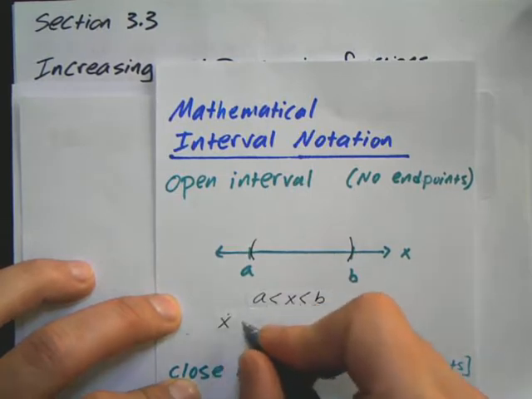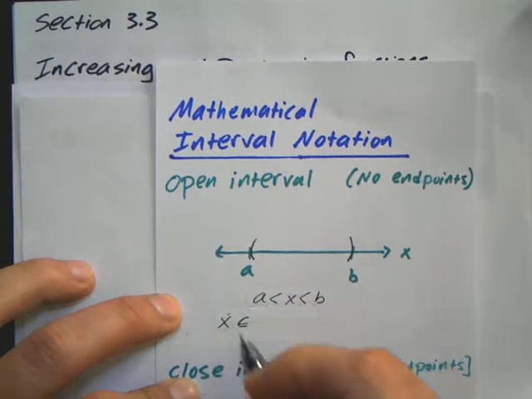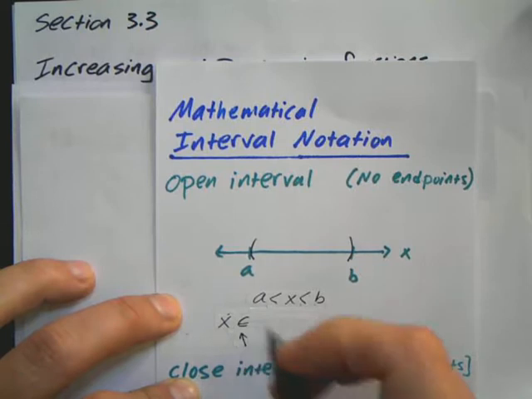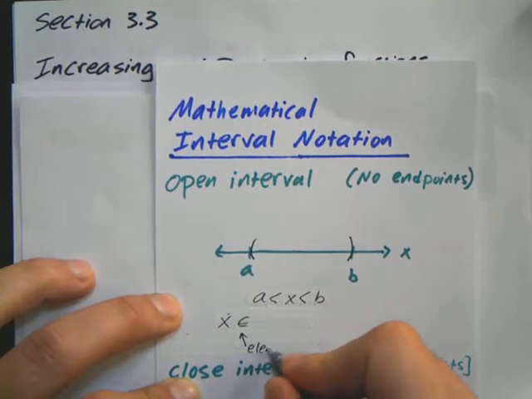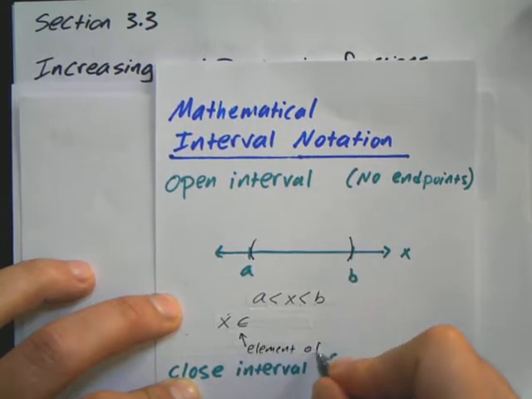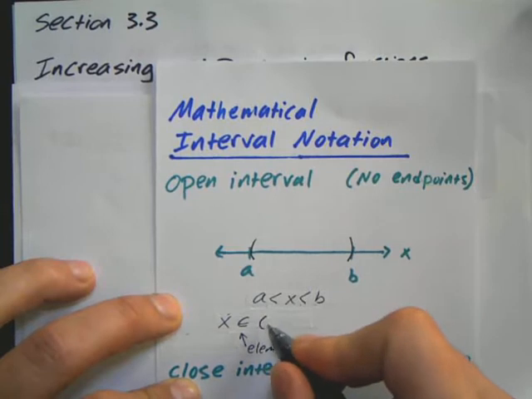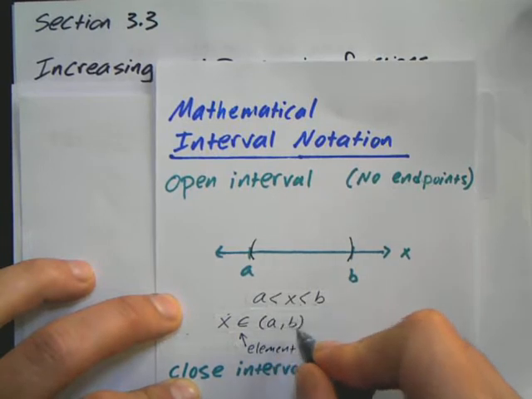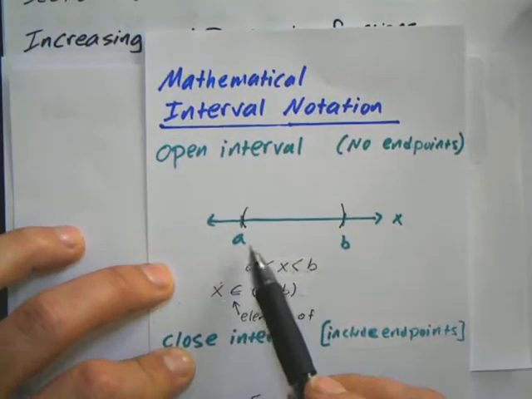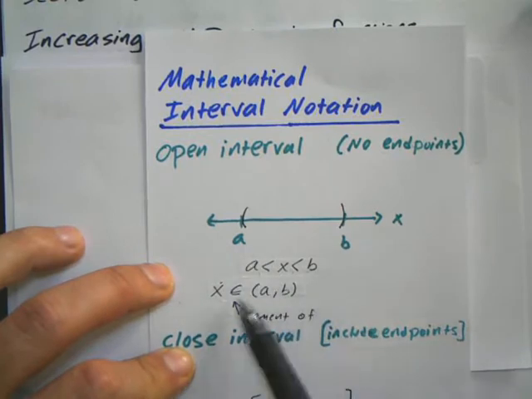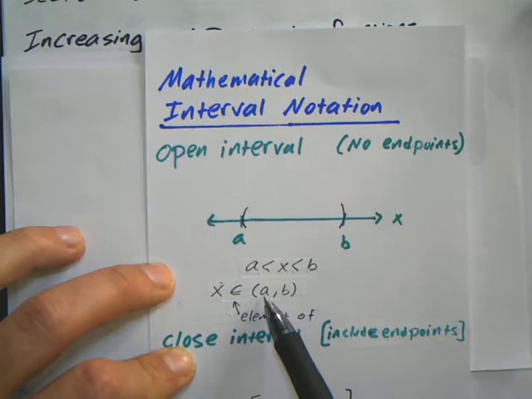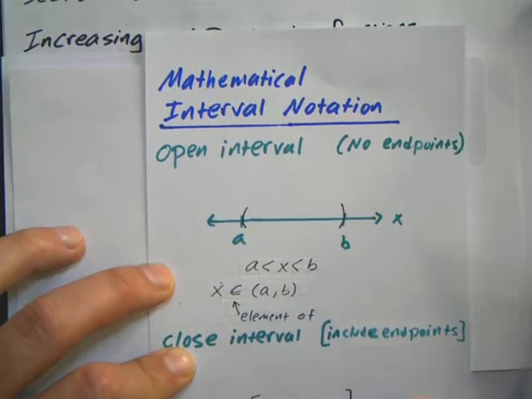And a fancier mathematical notation would be x, and this little e-looking symbol means that it's an element of. That means it's going to be anything that's in between a and b. So sort of like if this is a number 3 and this is 7, x is anything between 3 and 7, but not including 3 and not including 7.